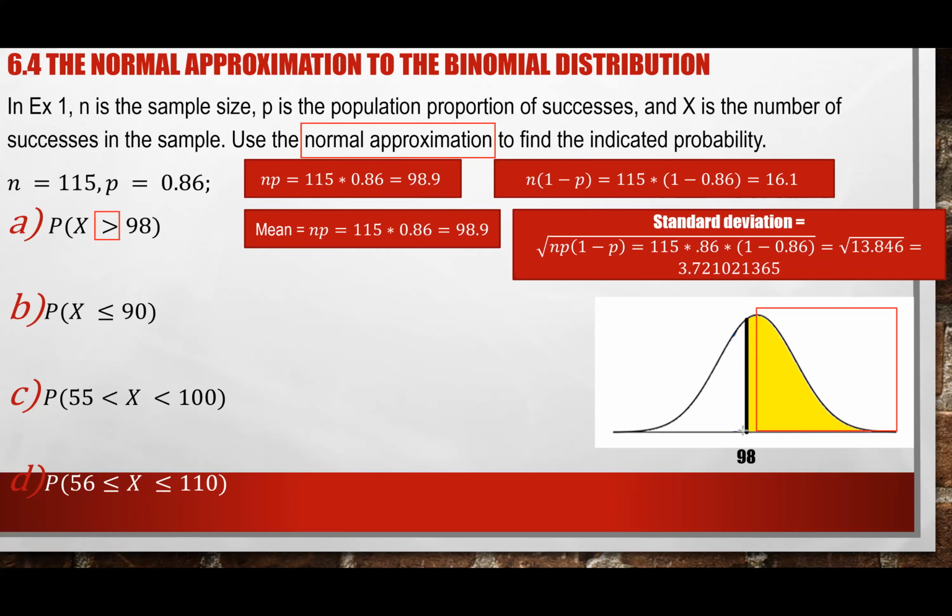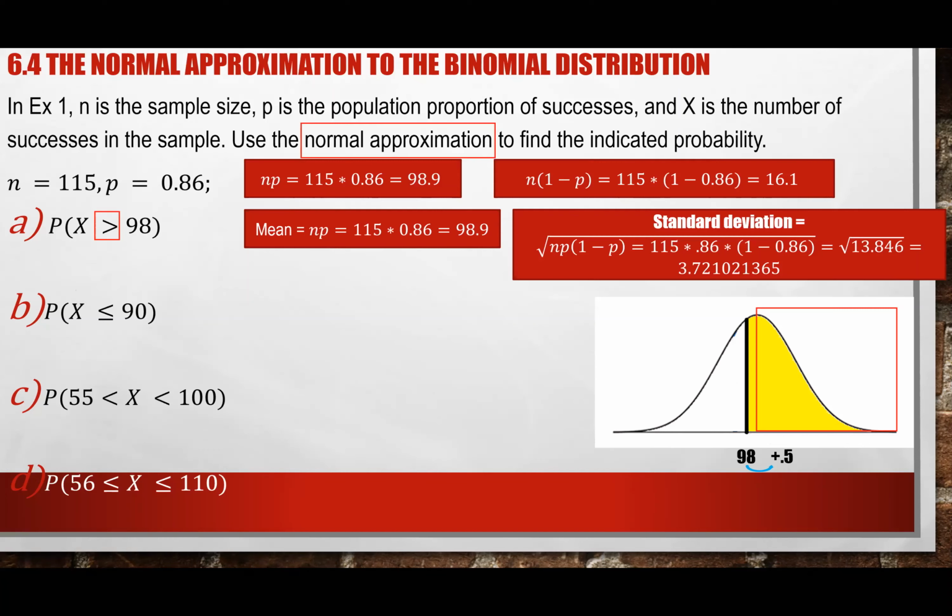I throw away the 98 because this doesn't have equal to 98. This is why I tell my students, to make it easy, this is all you need to remember. If you move it to the right, you add 0.5.